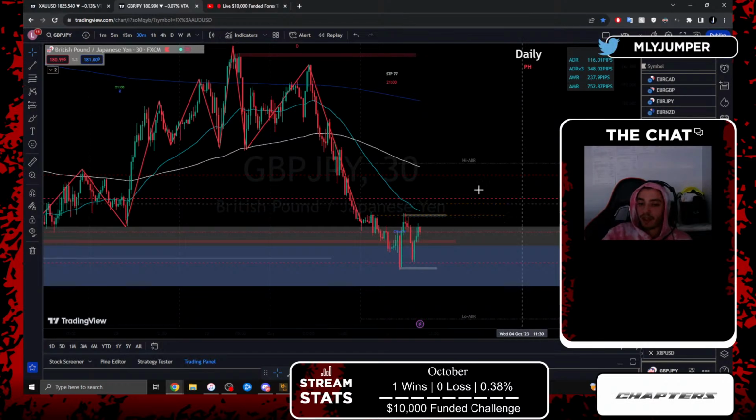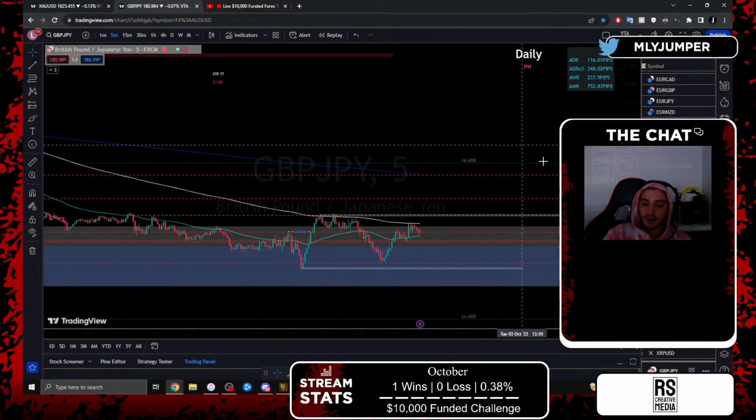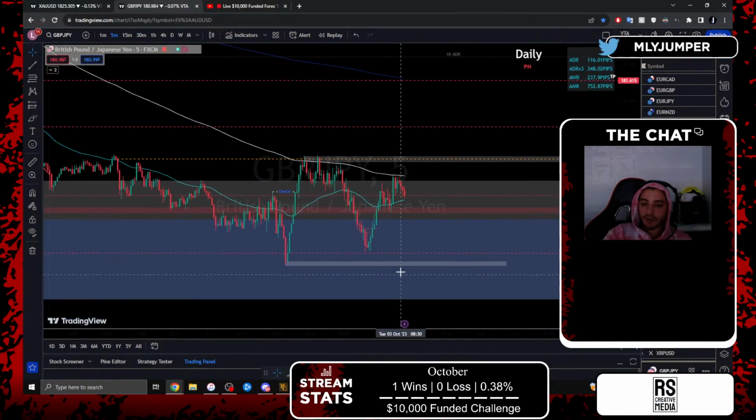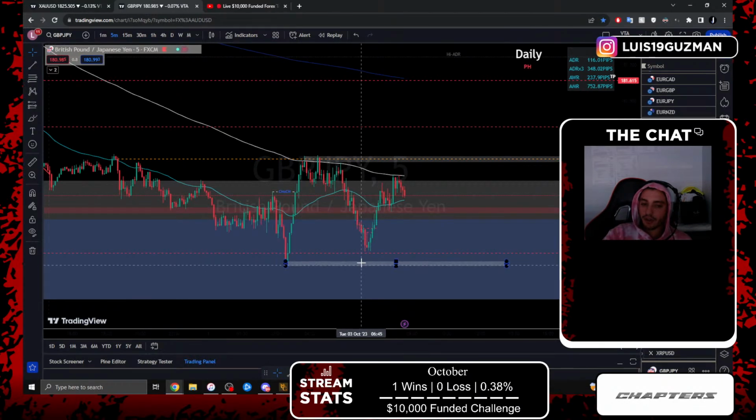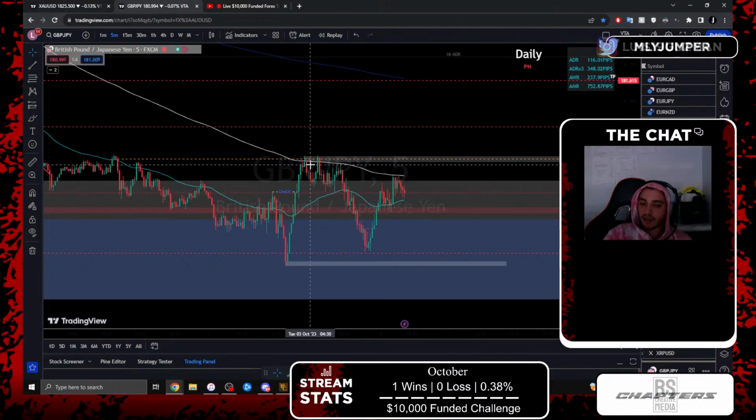And again, for me, clean on GJ is either going to be one of two things. If you notice GJ, it never reached our zone. I was waiting for price to reach this low down here because this is where the change of character happened. Change of character left us with this low and this high, the last red candle before the push to the top, right?